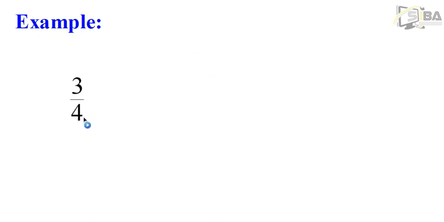Now let's take this one also. 3 out of 4. Now let's multiply the 3 by 2. And I'm sure you know the answer already. Also, let's multiply the denominator 4 by 2. And so what do you have?